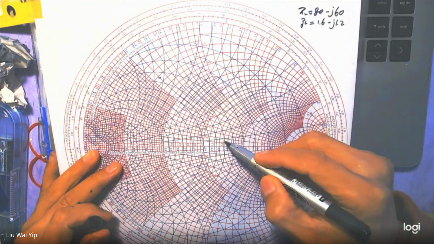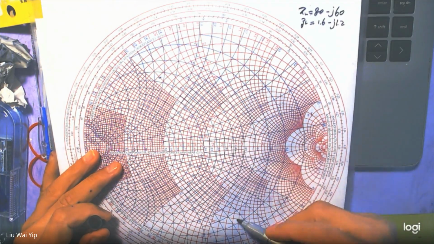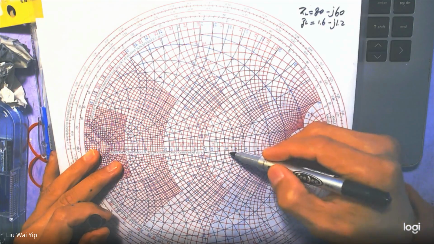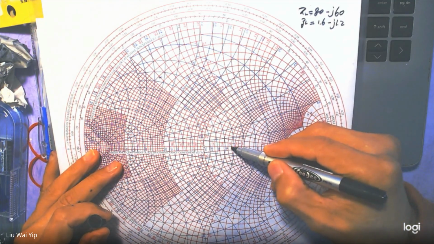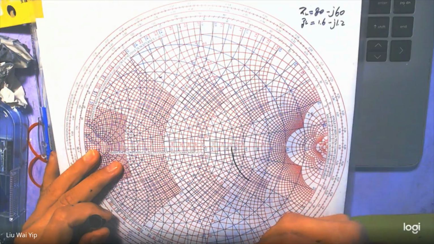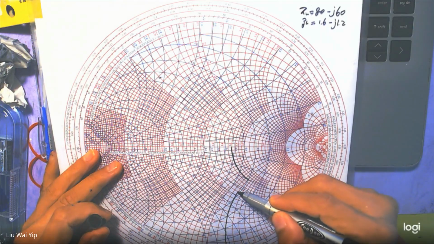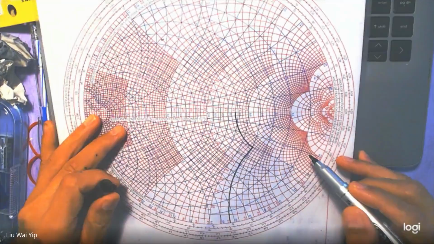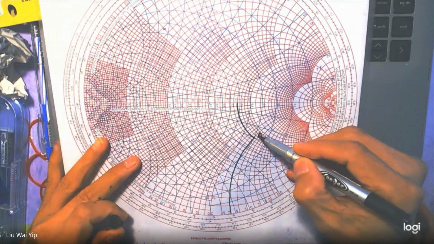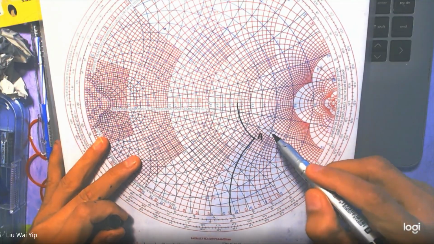So here is 1.6 and minus 1.2 is here. You just draw the locus of 1.6 and minus 1.2. So this is the location of the load impedance.